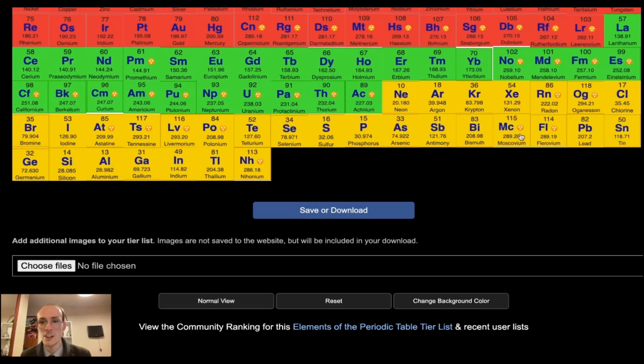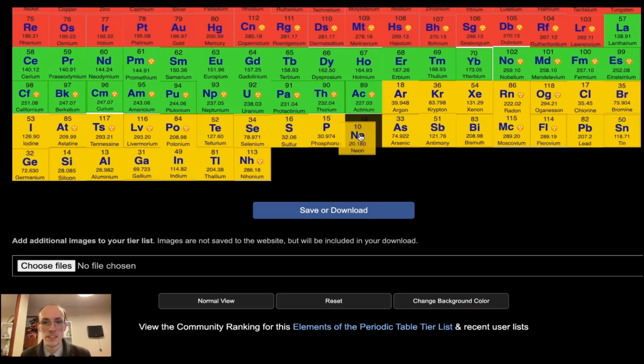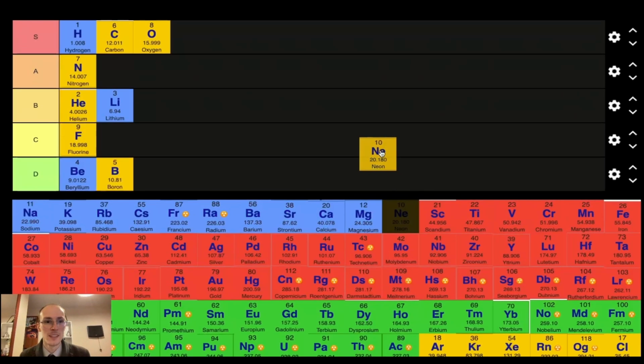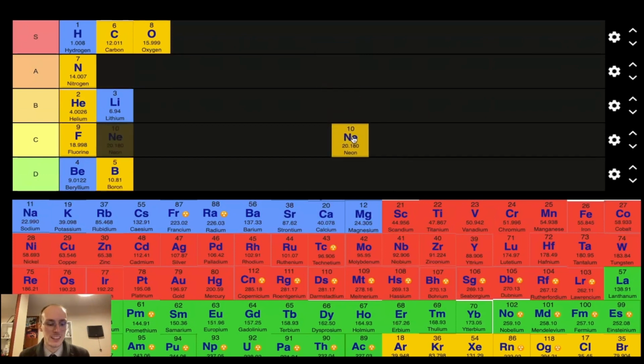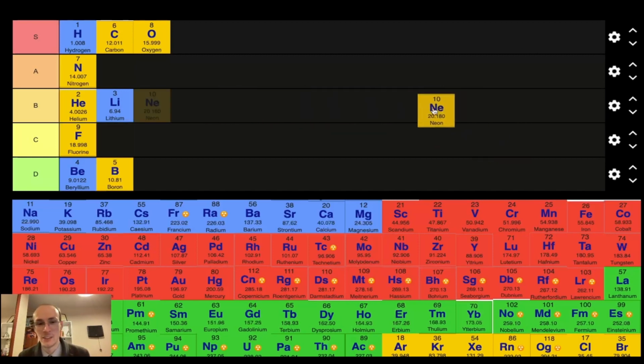Neon, the second of the noble gases, number 10, is here. So say noble gases, quite dull, they're unreactive. I suppose the thing most people think about neon is it makes cool lights. Neon is highly volatile, which is why it makes those cool lights, but it also is what makes those cool lights quite expensive.